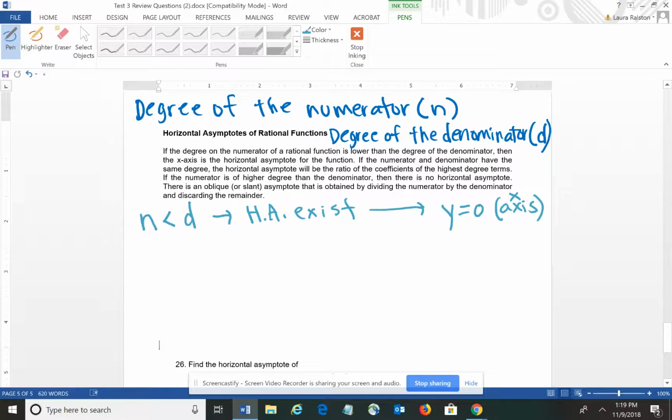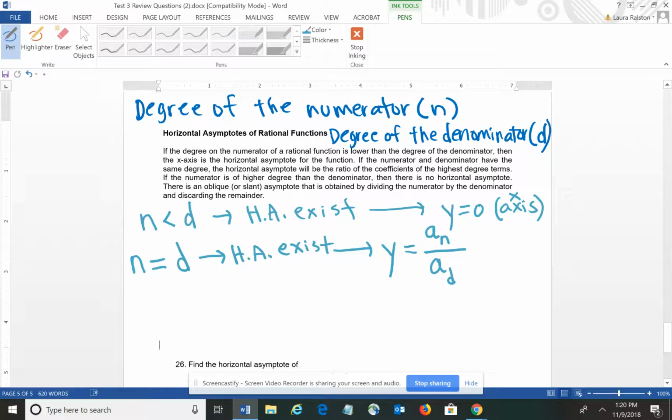It's possible that the degree of the numerator is the same as the denominator. They're equal. In that case, there is a horizontal asymptote as well. And that horizontal asymptote is the ratio of the leading coefficients. Remember, the leading coefficient is the number in front of the x with the highest exponent. So it'd be the leading coefficient of the numerator over the leading coefficient of the denominator.